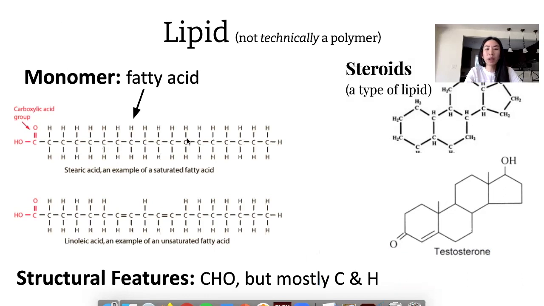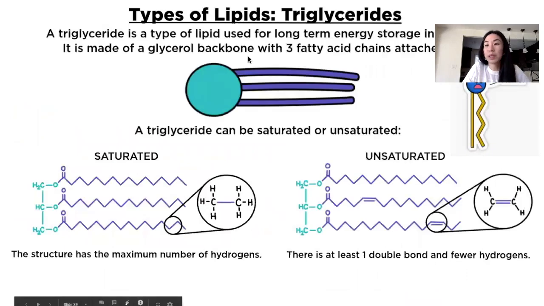So when you are distinguishing between lipids and carbohydrates, one thing to note, they both have CHO as the elements, but for lipids, they're going to be mostly carbons and hydrogens, whereas for carbohydrates, the ratio will be CH2O. The specific type of lipid that the book goes into is a triglyceride.